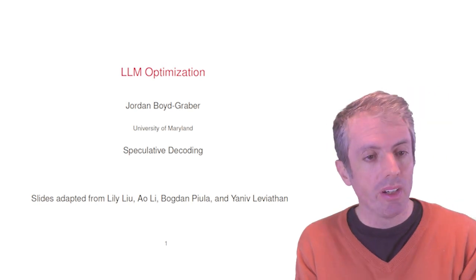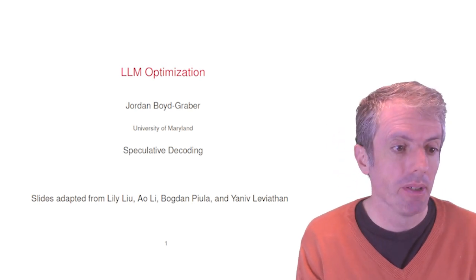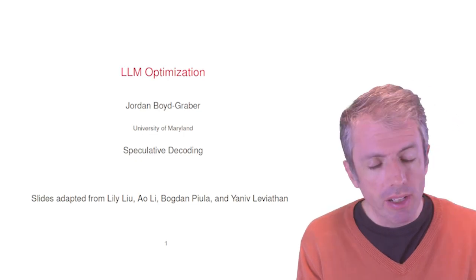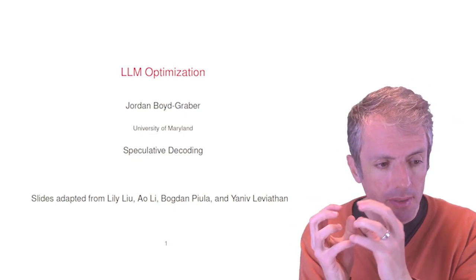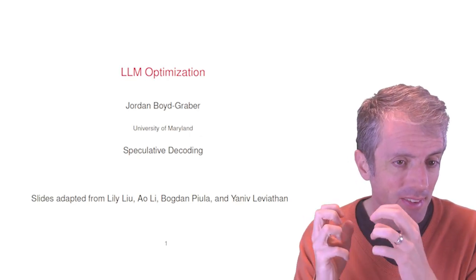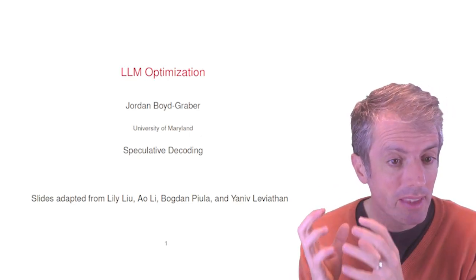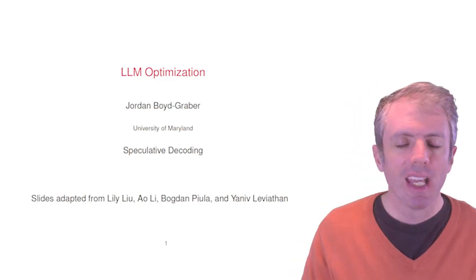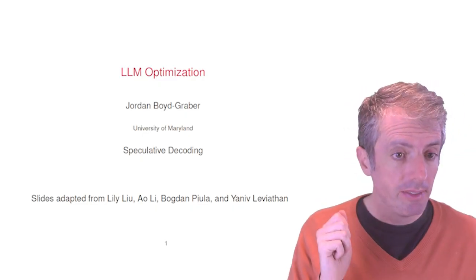We're going to continue our discussion of how to optimize Muppet models. Before, we talked about how to make models smaller, to trade off a little bit of space to make them fit on smaller machines and often make them run faster. Now we're going to be talking about speculative decoding.